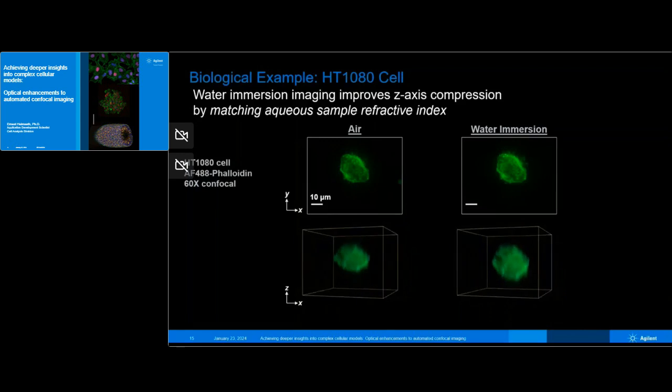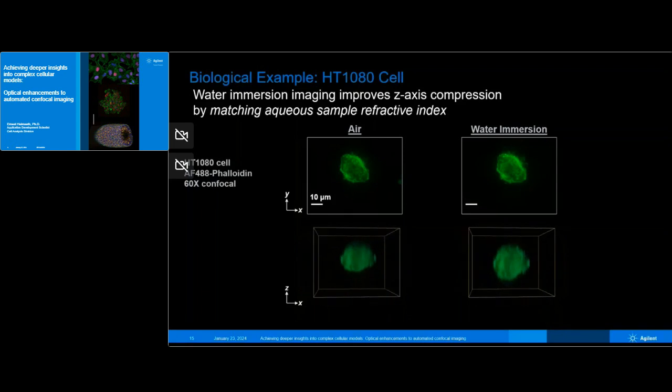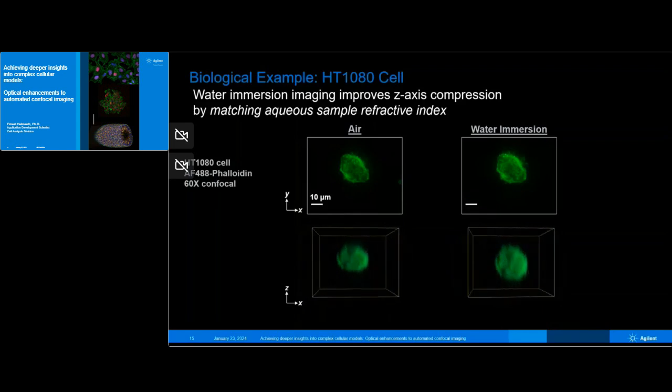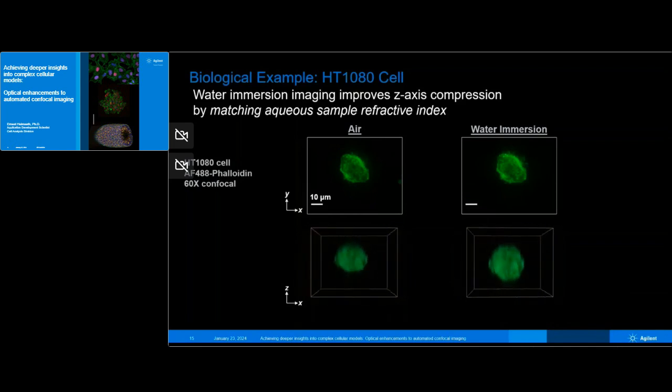Now, if you were to rotate that to look at the Z plane and render a 3D image, what you're seeing below is a rotation of that 3D rendering. And what having a refractive index mismatch does is compress a 3-dimensional object, which I hope you can see on the left here with the arrow. What water does is give a better 3-dimensional representation of that object.